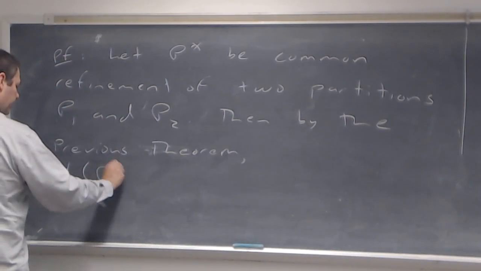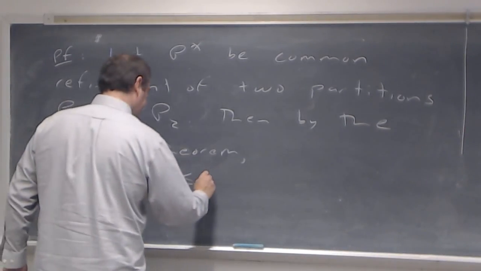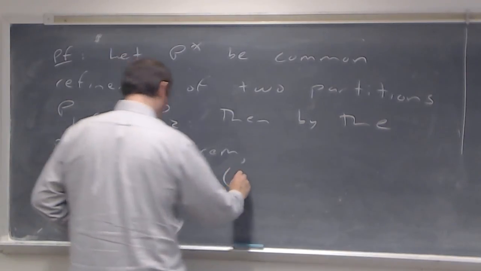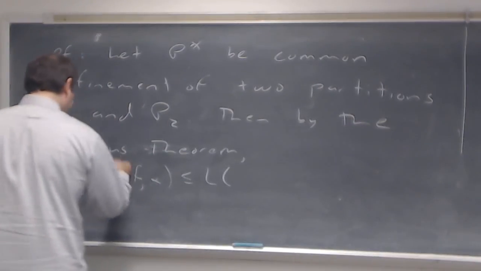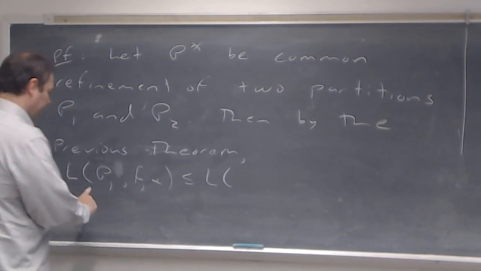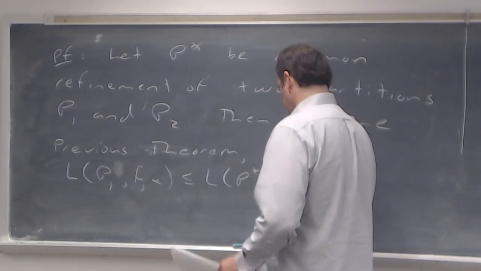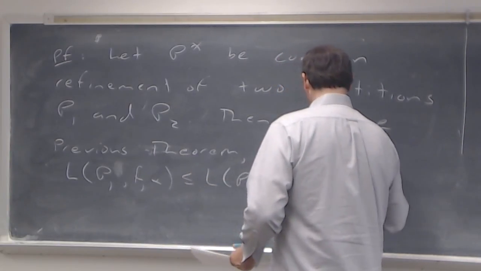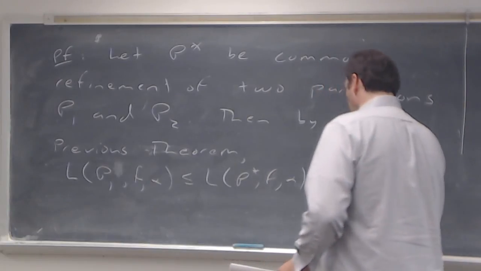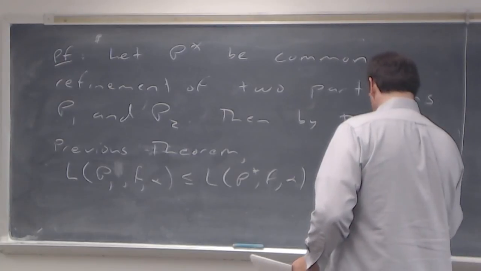the lower sum with the common partition is going to be less than or equal to the lower sum with P1, which is less than or equal to the lower sum with the common refinement, F alpha, which is always going to be less than the upper sum with this common partition.